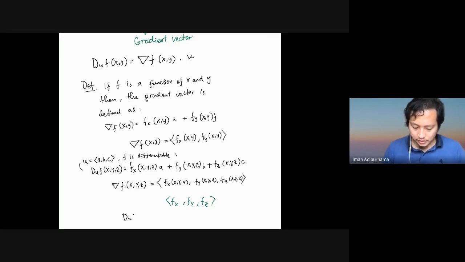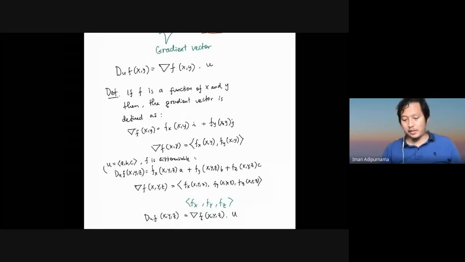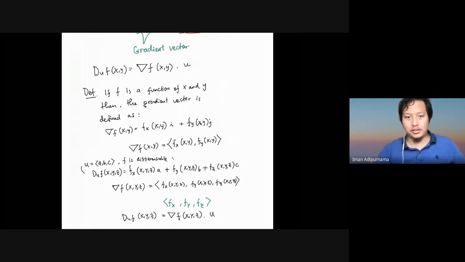And the directional derivative is just the same. So same thing with 3 variables, they look similar.